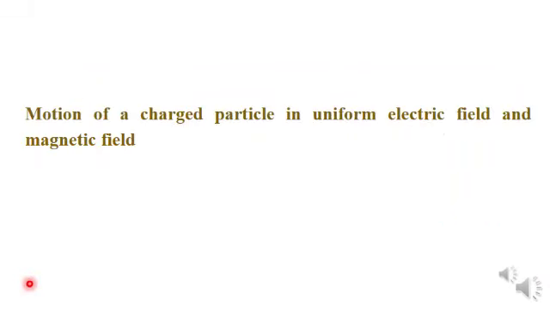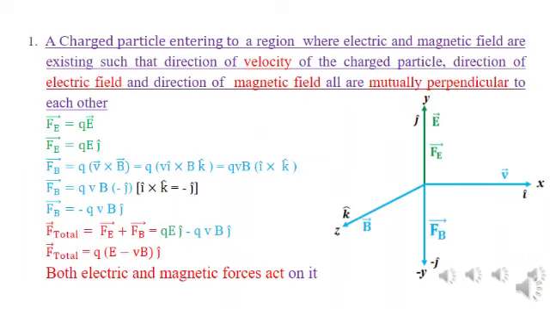Motion of a charged particle in uniform electric and magnetic fields. We can discuss the force acting on a charged particle when it is moving perpendicular to the direction of electric and magnetic fields, which are already perpendicular to each other.